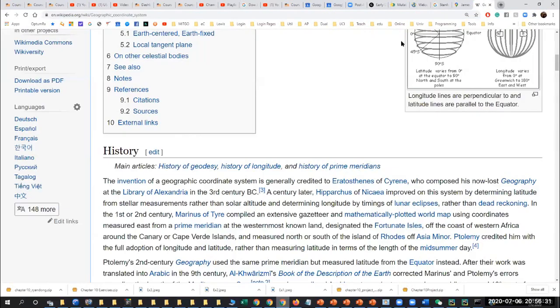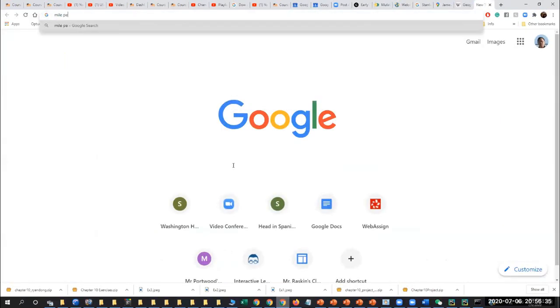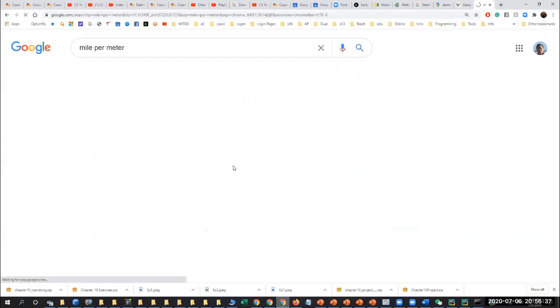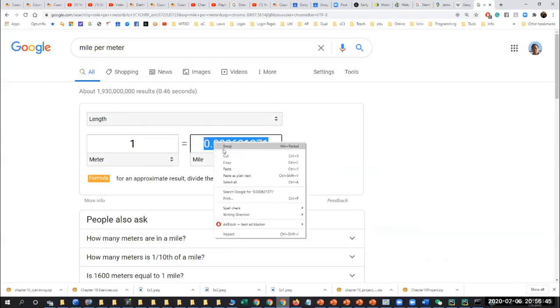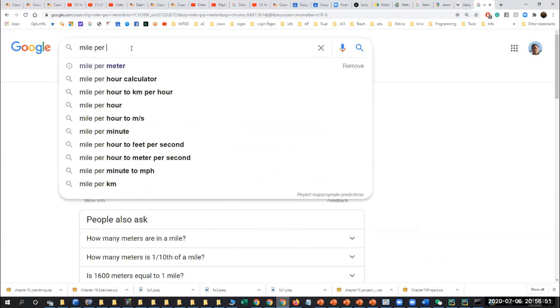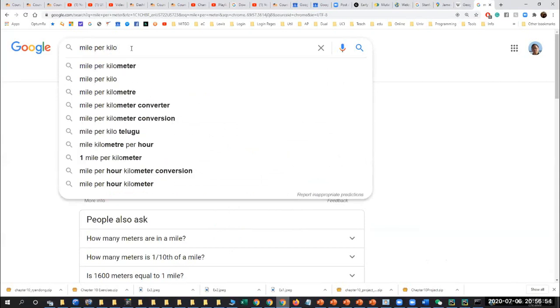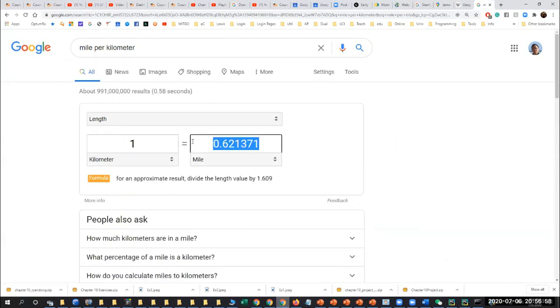A mile, remember, is about 2.8, so mile per kilometer.